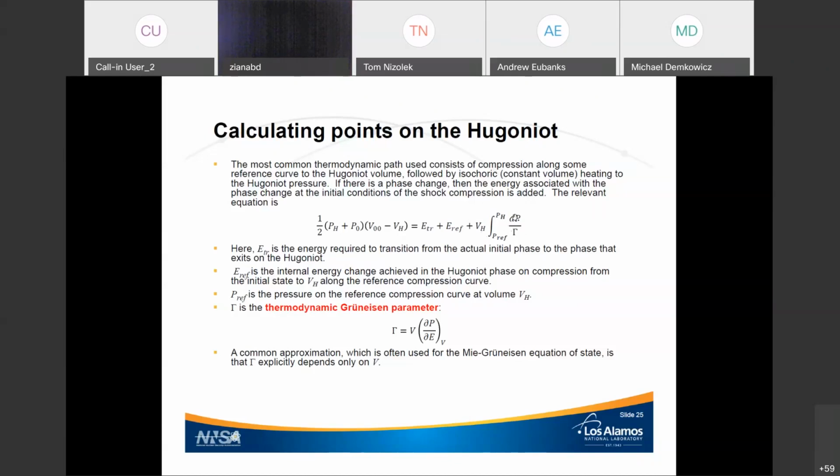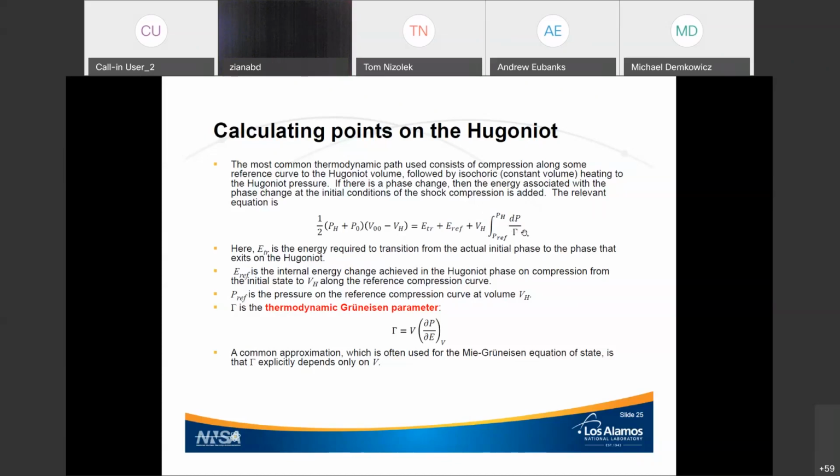Again, notice there's no temperature in here. This quantity gamma, I think that Lauren Benedict a couple of weeks ago used a lowercase gamma. You will see it used both ways.